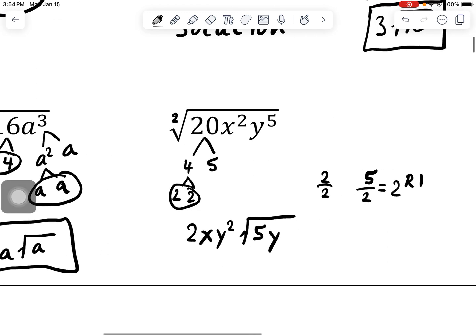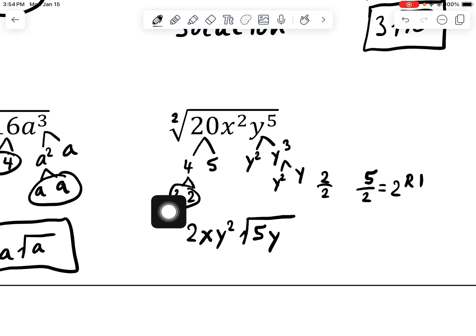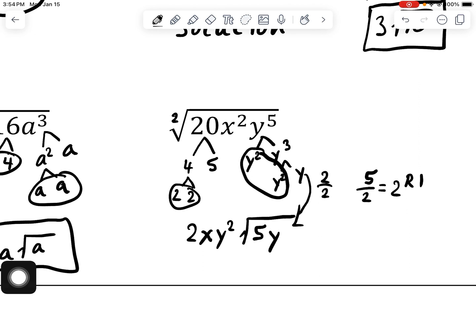Just to show you this one more time to help you clarify. I could think of this as y squared and y cubed, and then let me break down y cubed one more time: y squared and y. So I would have a y squared, a y squared. Each of those would come out as y squared on the outside, but this y is what stays inside. But this is your final answer here.